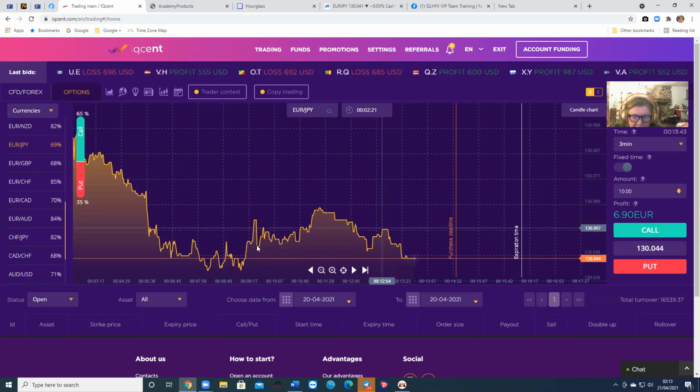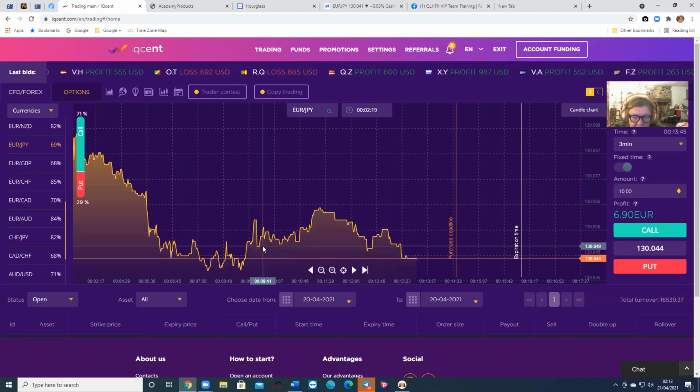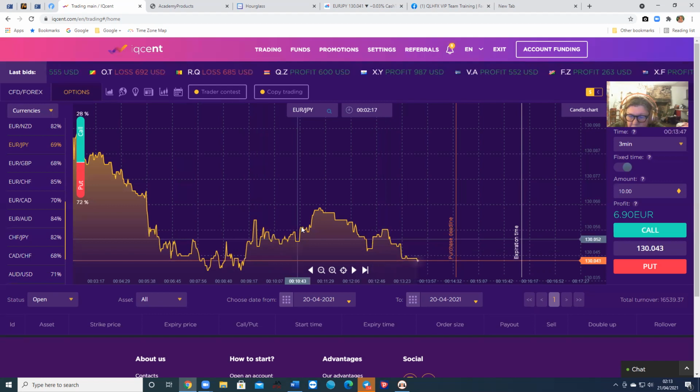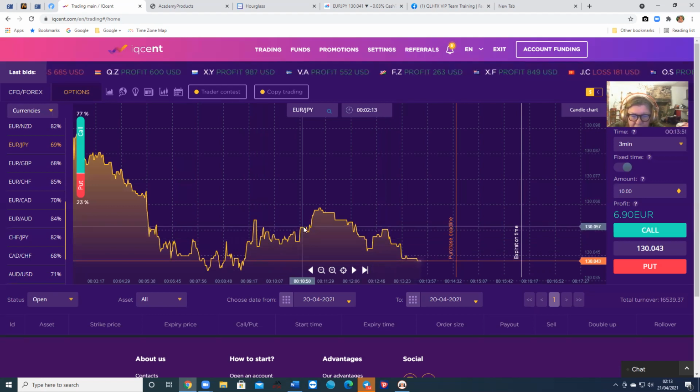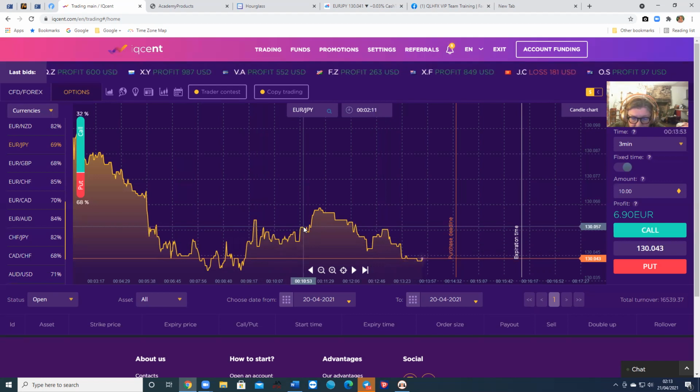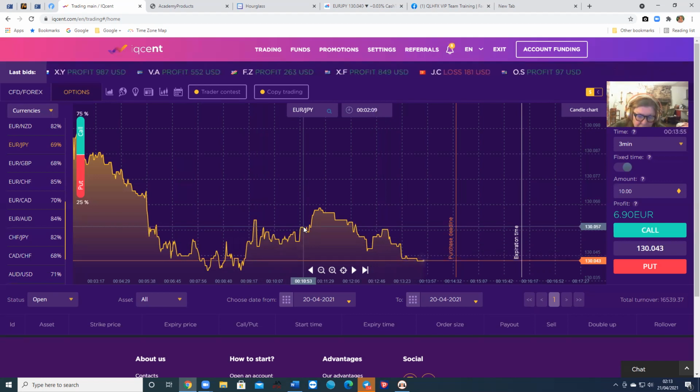But if we had delayed pressing the button on our analysis and got in later, and this is why we're time-based traders and it's so critical, if we got in at 0.57, for example, just as that first 1 minute candle of this 5 minute block finished, then we would have lost that trade.